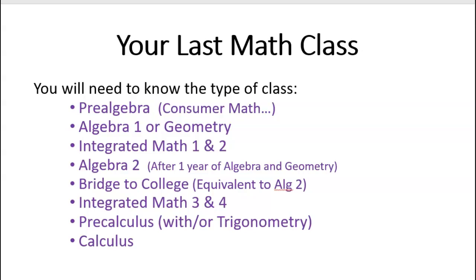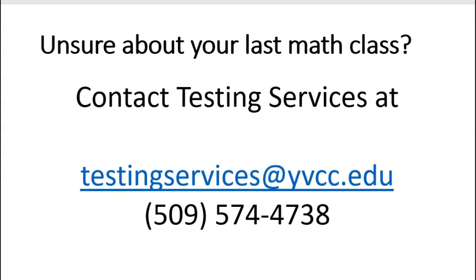We think a lot of students can recognize their class from this list. If you are at all unsure of the last class you passed, you should get a copy of your transcript. If for some reason you can't, please contact the placement office at 509-574-4738. They will assist you or direct you to a math instructor who can.